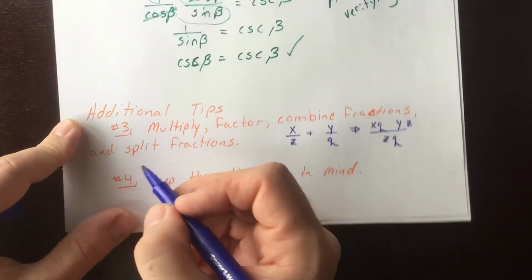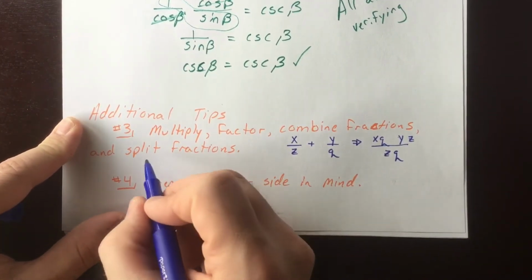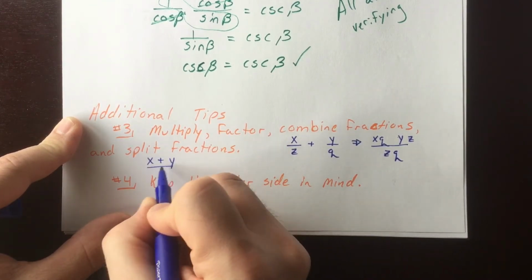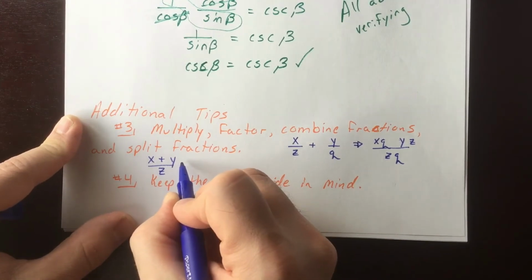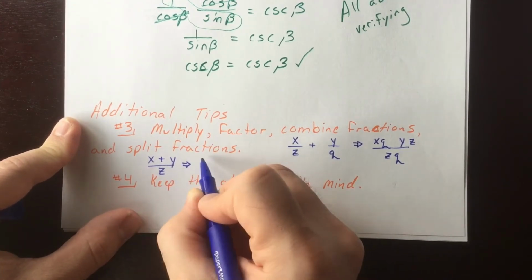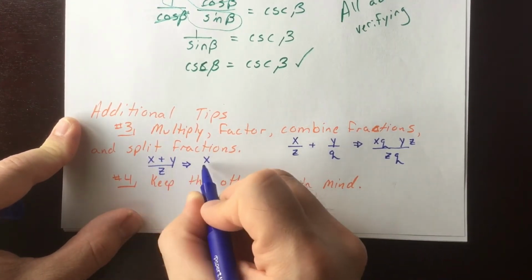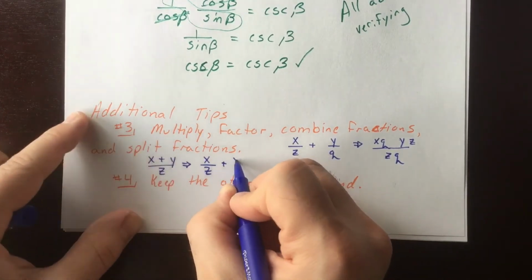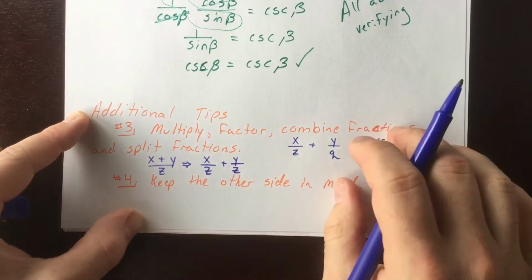When we split fractions, let's take for instance x plus y divided by z. This expression can be rewritten as x over z plus y over z.